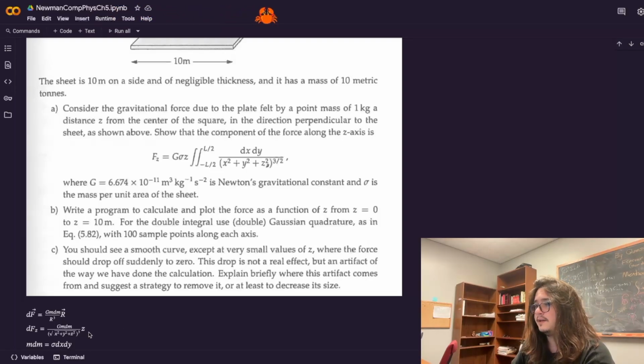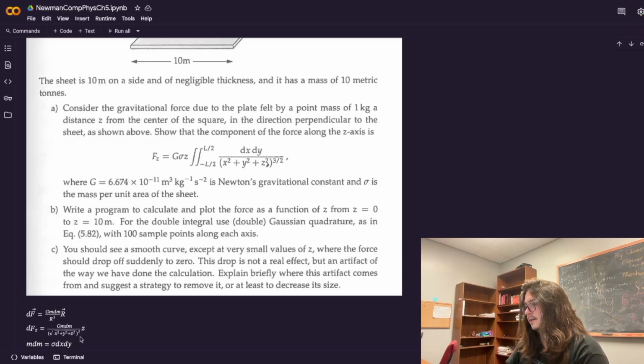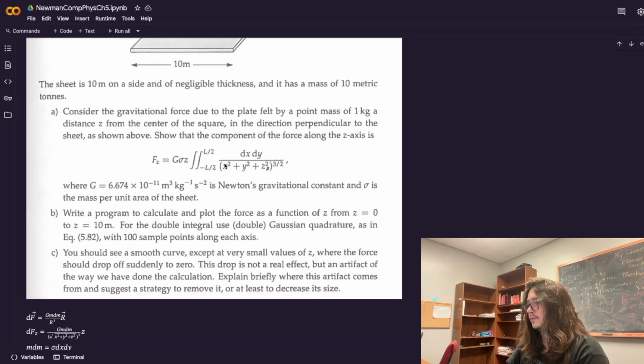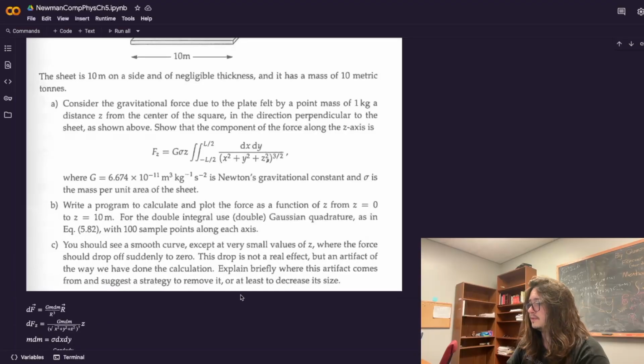Down there I explicitly wrote out what r cubed was, which is the square root of x squared plus y squared plus z squared, under a square root and then cubed. To get it in the form of a dx dy, you use the fact that the mass differential in this situation is just the surface mass density times dx dy.